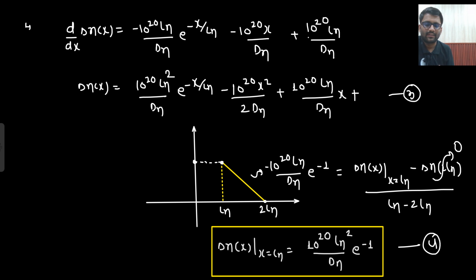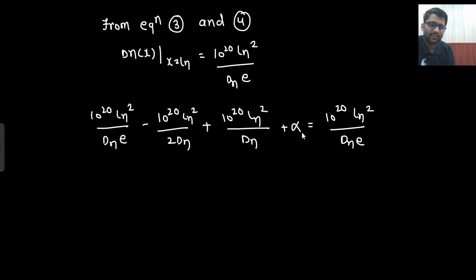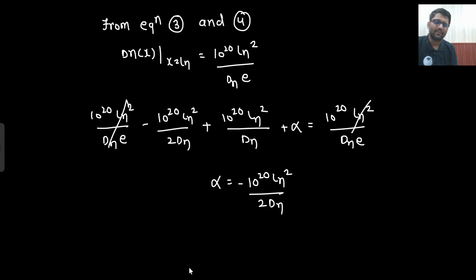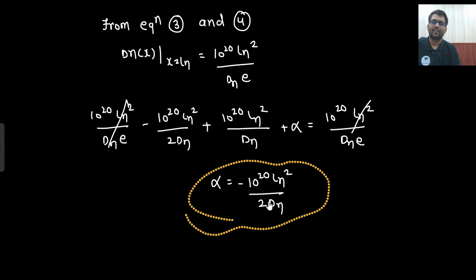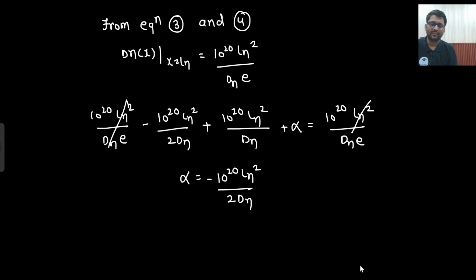So let's put it as something else, alpha. So this constant is alpha. Okay, so this and this get cancelled out, and the value of alpha comes out to be minus 10 to the power 20 ln square by 2 dn. This is the value of alpha you are getting. Okay, and since this is the value of alpha, now you can find out the expression of delta nx.